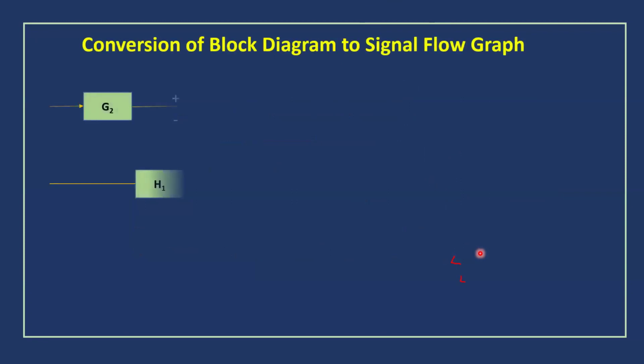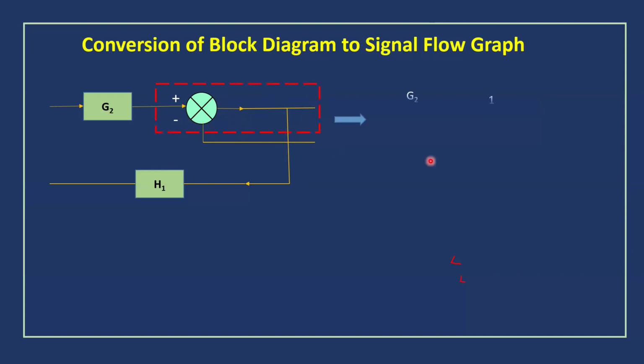Okay. So here I have given one part of a block diagram which consists of system gain G2 and feedback gain H1, and one summing point and one takeoff point. Here summing point and takeoff point are nearby each other. In between no block is there. So we can combine this summing point and takeoff point and we can draw the signal flow graph like this.